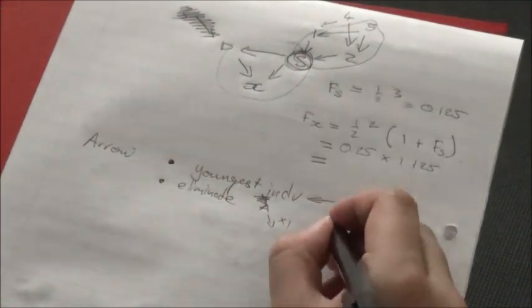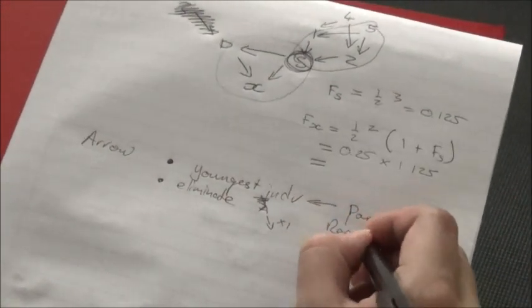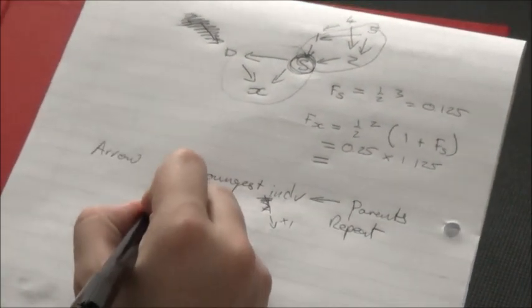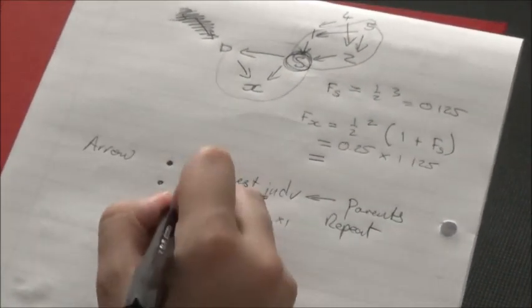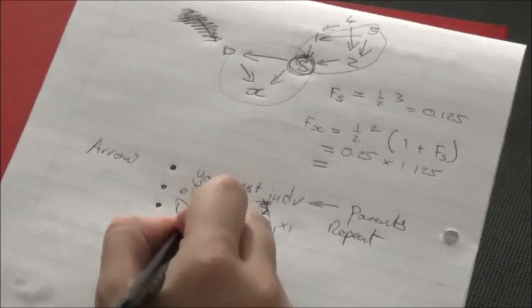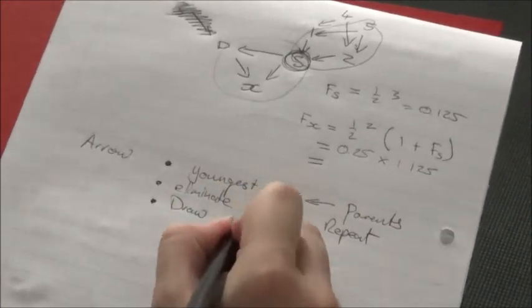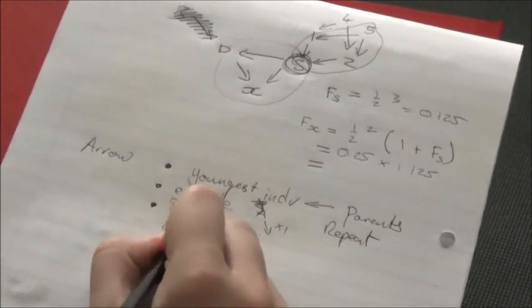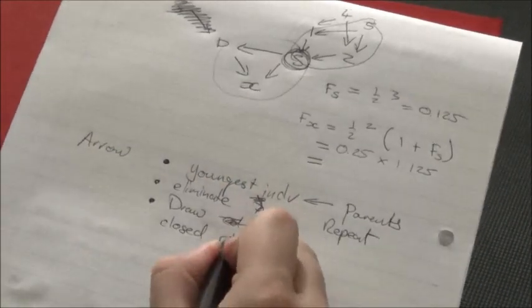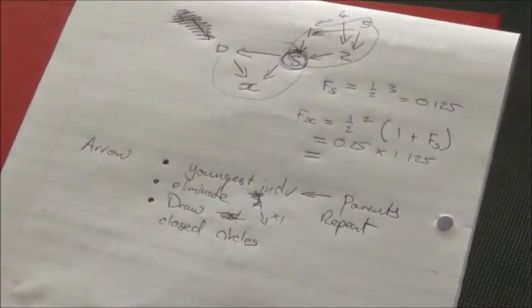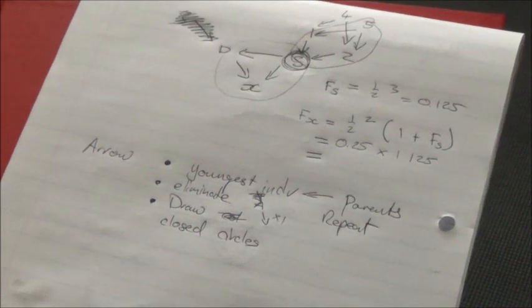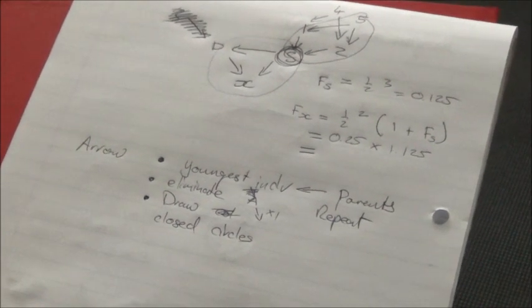And you're going to repeat that until you have closed circles. Then you need to draw your closed circles, and those will be your inbreeding events, and that's how you can work out your F values from your calculations.